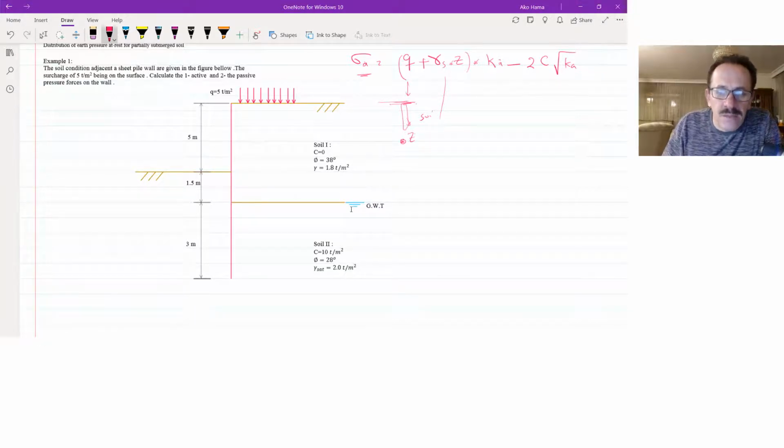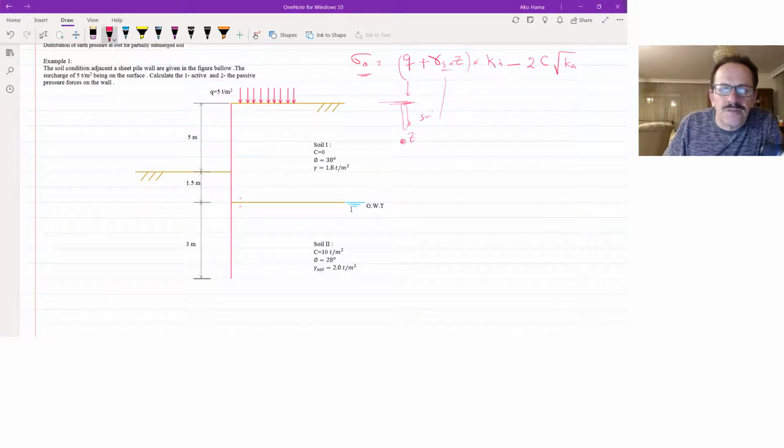And we make sure that when we have the boundary of two soils, we have to take one point above and one point just below the boundary to find the pressure, because the sigma here will be different, with the gamma of the soil here and the gamma of the soil here.